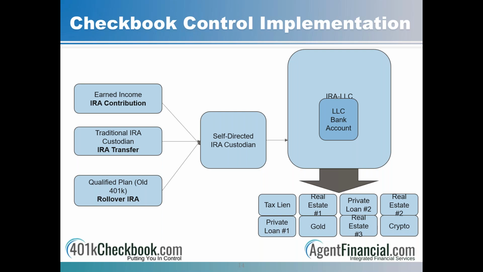More often than not, you'll be rolling over from a prior employer 401k. So there's funding, there's creating the IRA, funding it, creating the checkbook IRA structure, getting that funded. Once that's done, you are positioned to invest, write that check, wire, ACH, whatever you've got to do to buy your rental property.